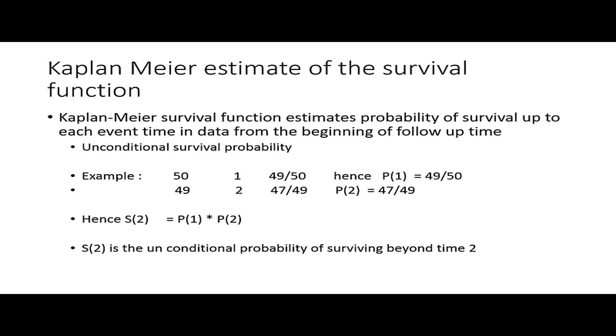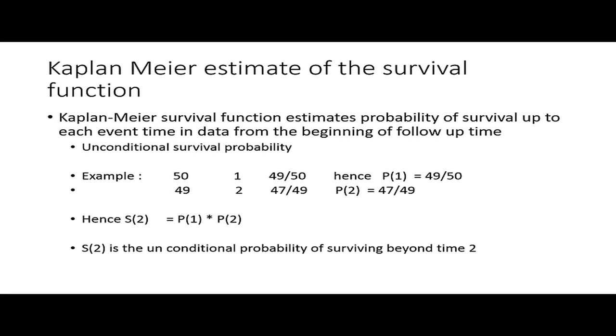But survival function or survival probability is actually the unconditional probability, not the conditional probability. How do we get unconditional probability of surviving beyond time t? First of all, we denote it as S of 2.